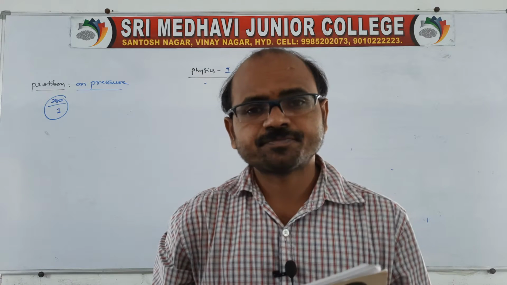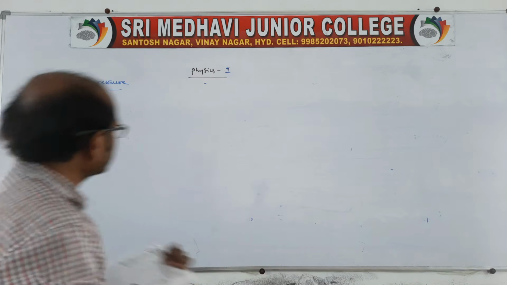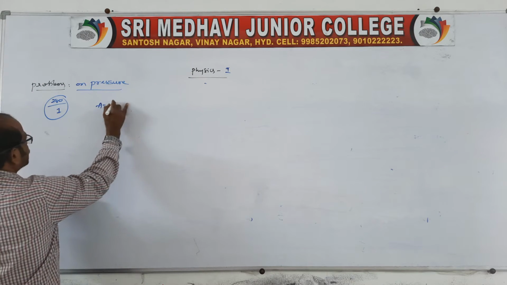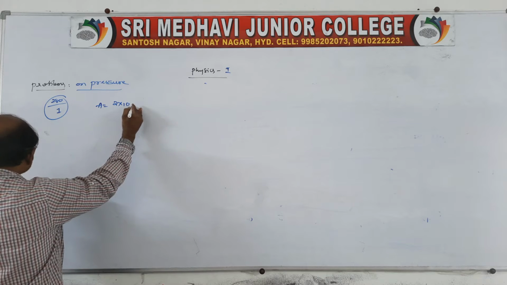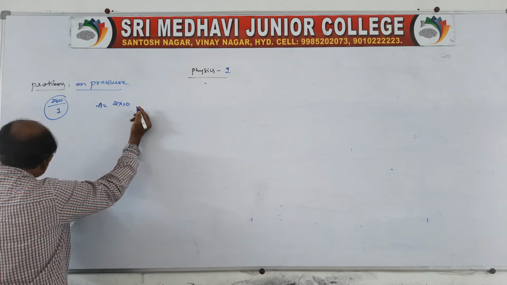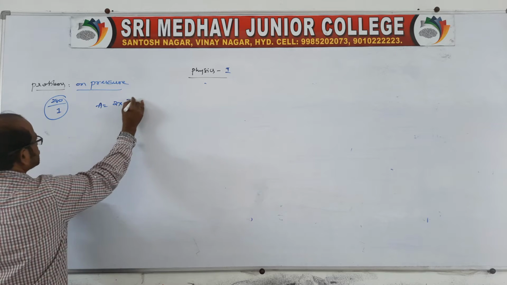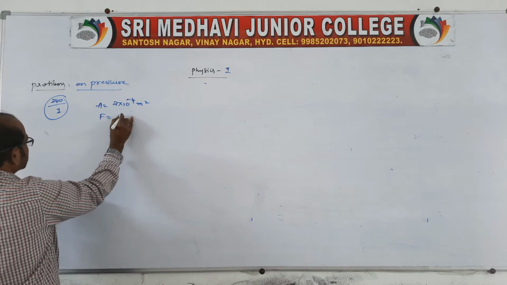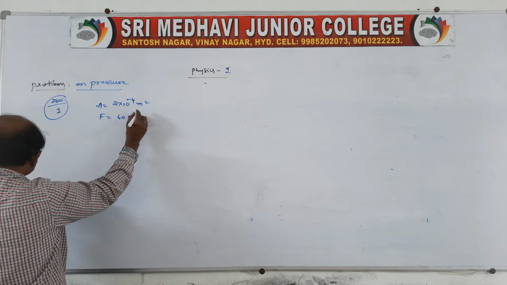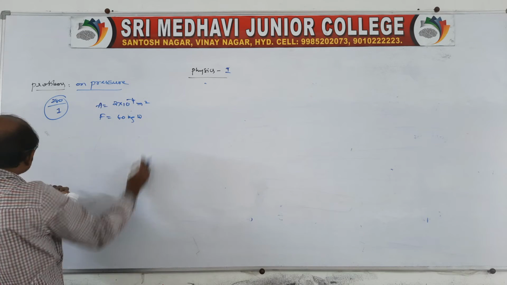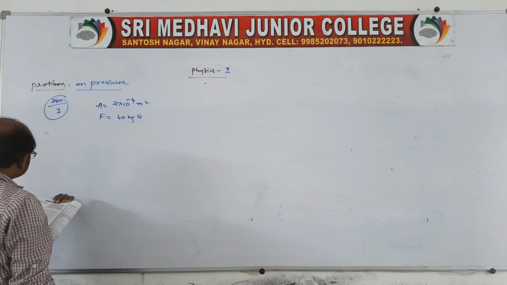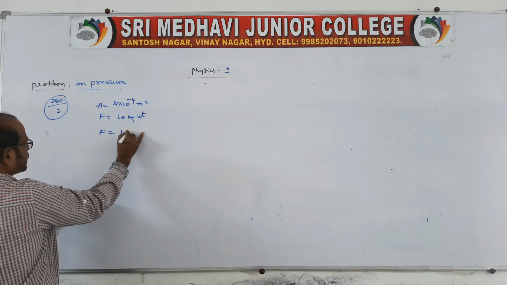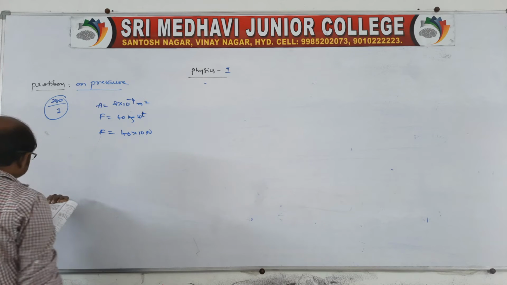As given data, the area is 2 into 10 power minus 4 meter square, and the weight is 40 kg weight. Better to change it into newtons: 40 into 10 newtons.